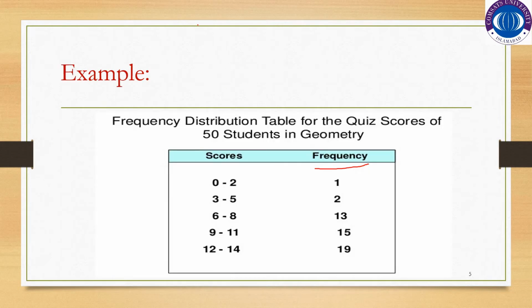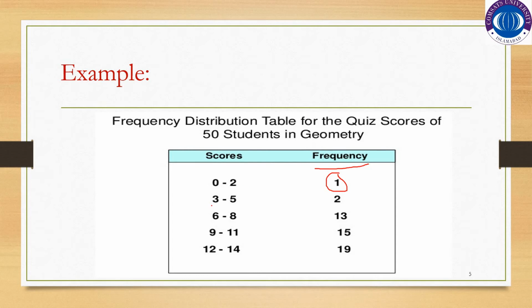So what it says to us, when there is one corresponding to a class 0 to 2, it means there is one student whose marks lie between 0 to 2.